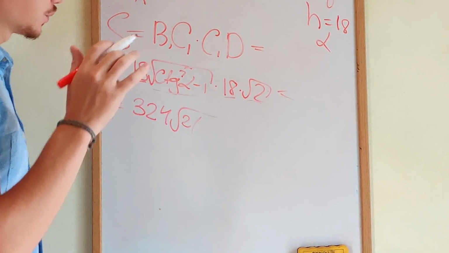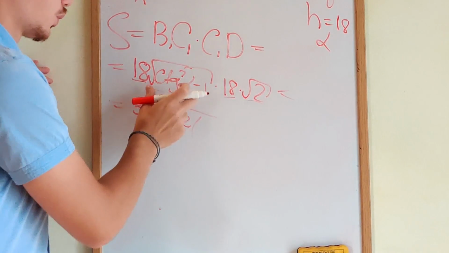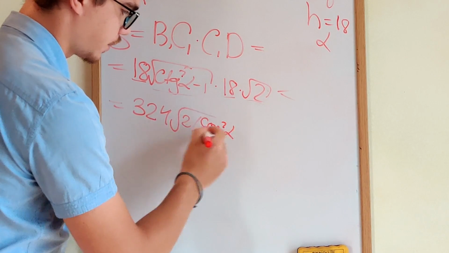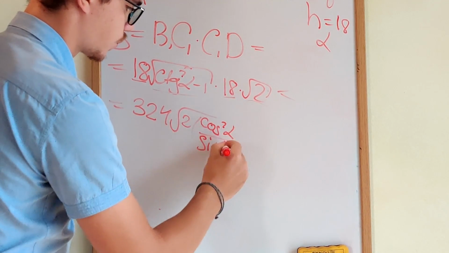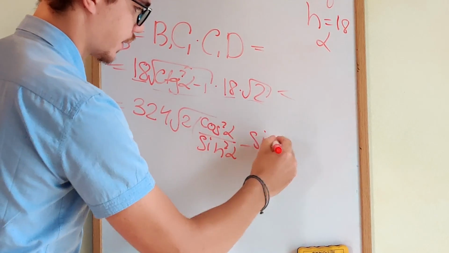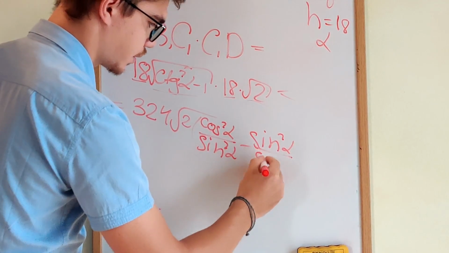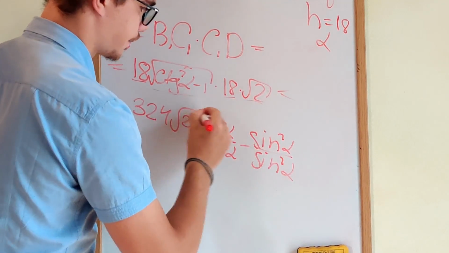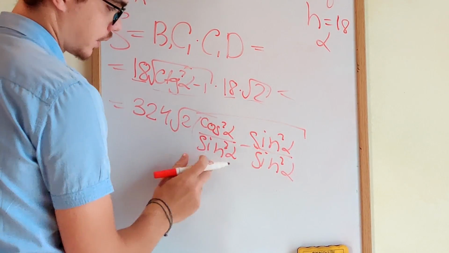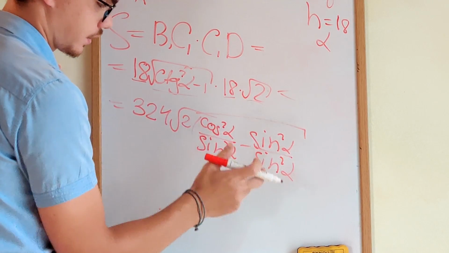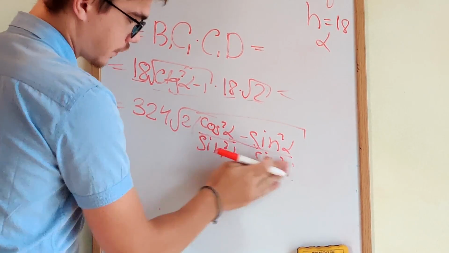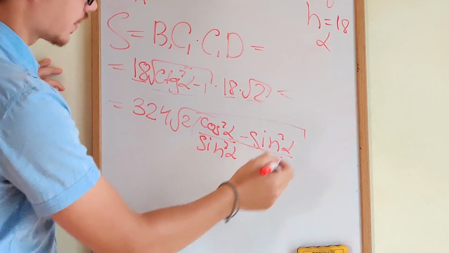But now I'm going to simplify, to rewrite it. So cotangent squared is just cosine squared of alpha over the sine squared of alpha, minus 1. But 1 can be rewritten as the sine squared of alpha divided by the sine squared of alpha. Now these fractions have the same denominator, so we can combine them, and we get the following.